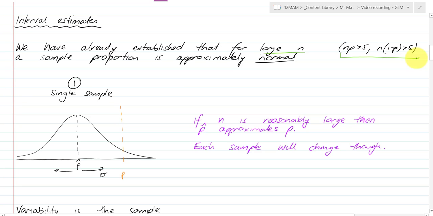They are the ones that we've set up mathematically, but within different industries, different contexts, these may increase. There may be a higher expectation, a higher need for that normality to be strictly true. But generally speaking, if np is greater than 5 and n times q, or n times 1 minus p, is greater than 5, it's going to be fairly approximate and a fairly good estimation.